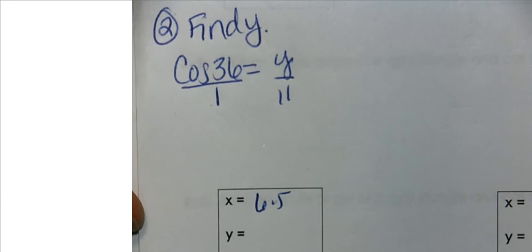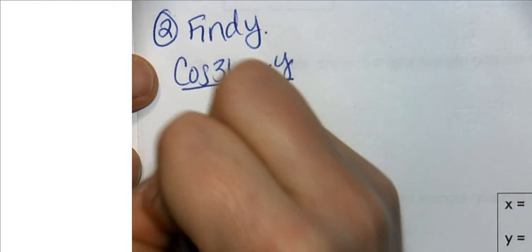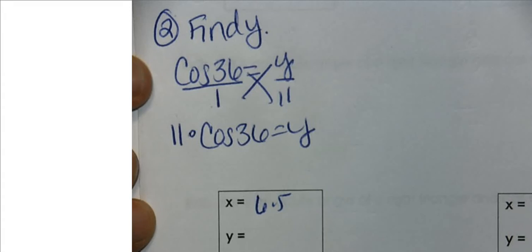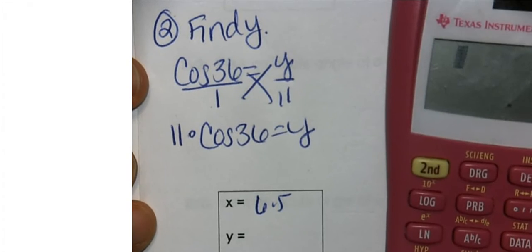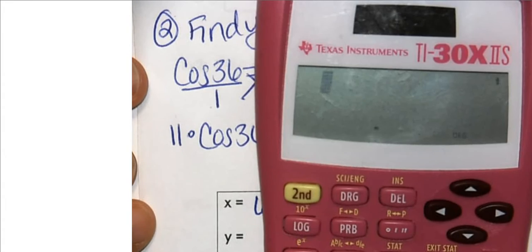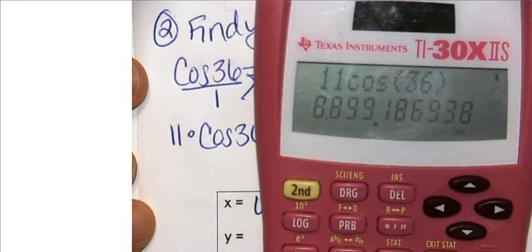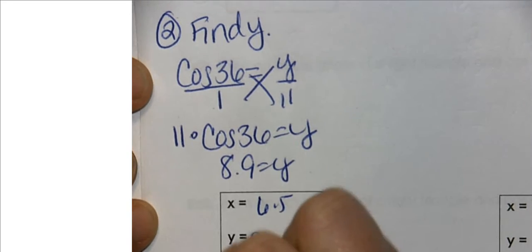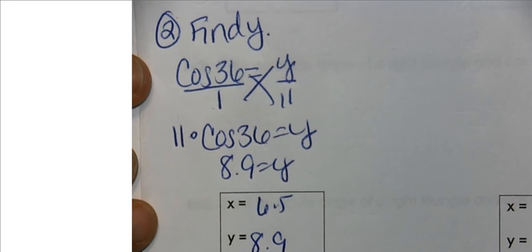I'm going to put cosine of 36 over 1 and use cross product. So now I'm going to write 11 times the cosine of 36 is equal to Y, and I'm simply going to put this into my calculator. 11 times the cosine of 36 is equal to 8.9 if I'm rounding to the nearest tenth. And those are our answers.